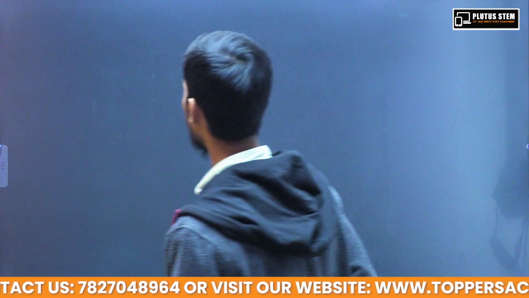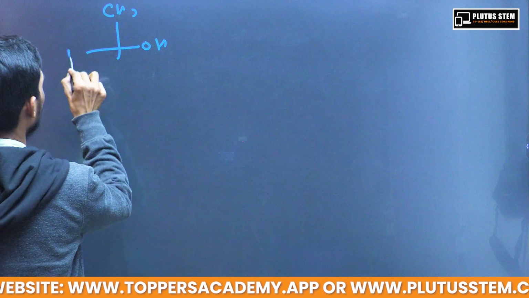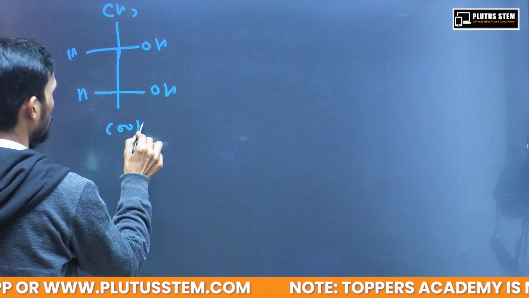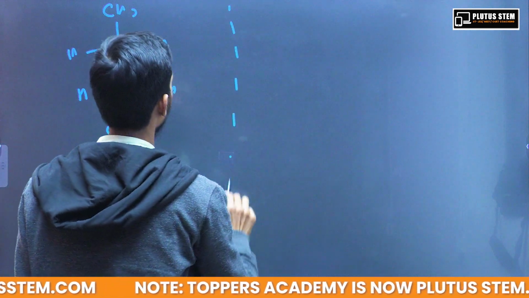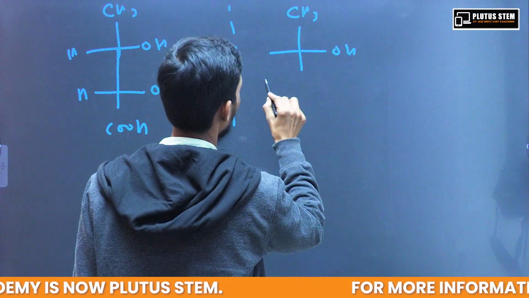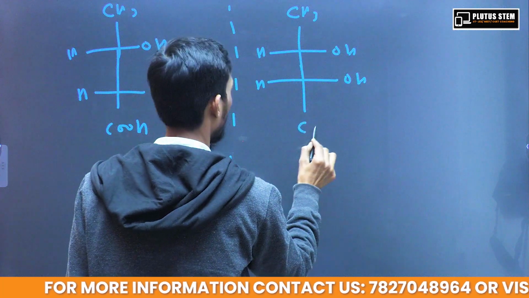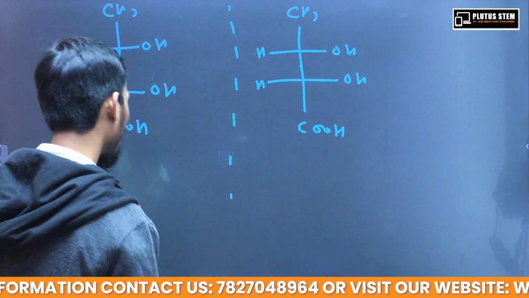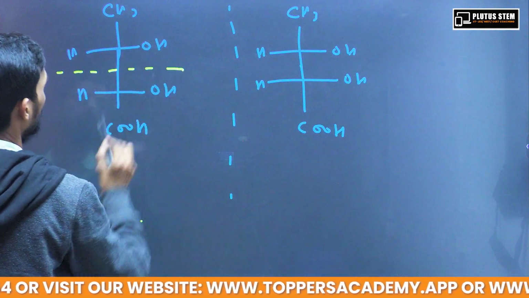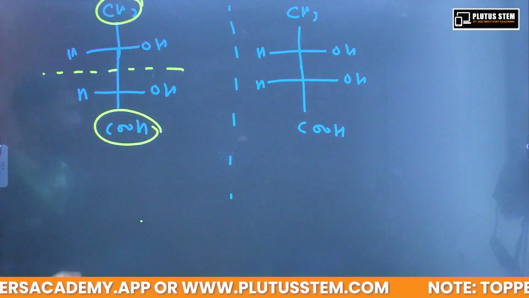So one more example, if we are taking over here CH3, OH, H, COOH. Now it is not a mirror image. Now we cannot put a mirror image or sigma over here like this, because upside CH3 is there and below side another group COOH.